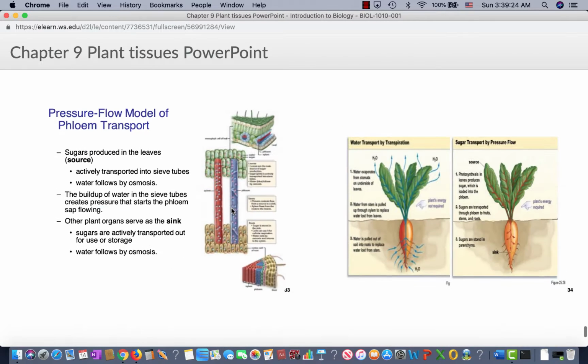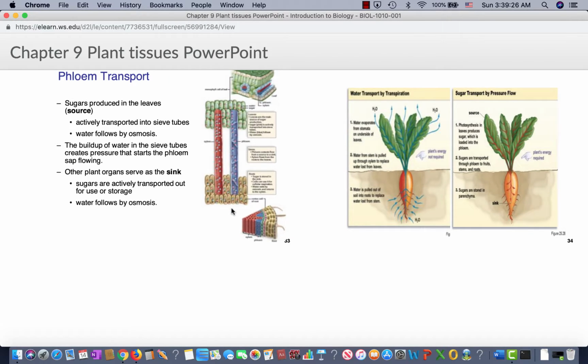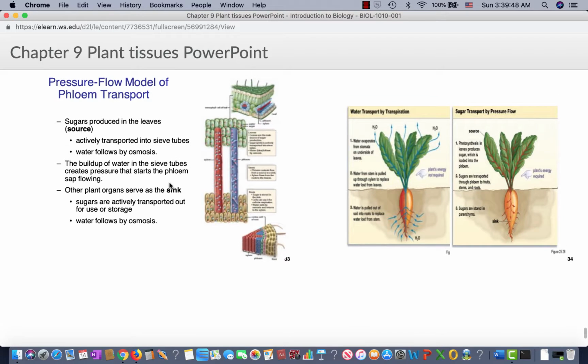So the only thing that the plant actually has to worry about pumping around is moving the sugar into the phloem and then out of it when you get it where it wants to go. But the phloem itself is just flowing around based on this osmotic pressure, and then in the xylem, the water's just going up because of the adhesion-cohesion theory. So very little energy required to make this work.